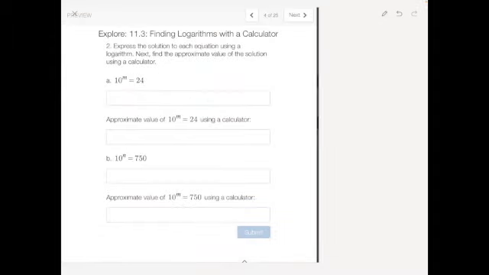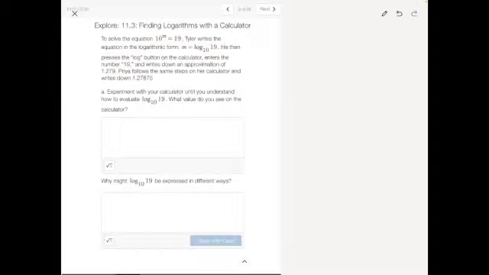From there, you will move on to screen 3. So screen 3 and 4, both of these are the explore. So you're going to do a little bit of back and forth. On screen 3, it says to solve the equation 10 to the power of m is equal to 19. Tyler writes the equation in logarithmic form. m is equal to log base 10 of 19.